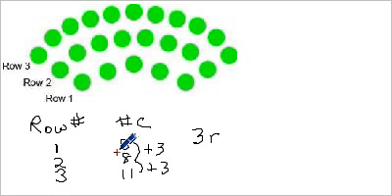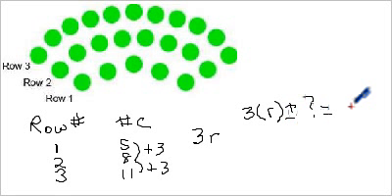Now that doesn't give us our exact number of chairs for each row, because we need to have a constant, something that we're adding or subtracting to 3 times the row number. So you could just try some substitution values. If we take row 1 and substitute it into 3 times R, we need to add or subtract something from that to equal the number of chairs.